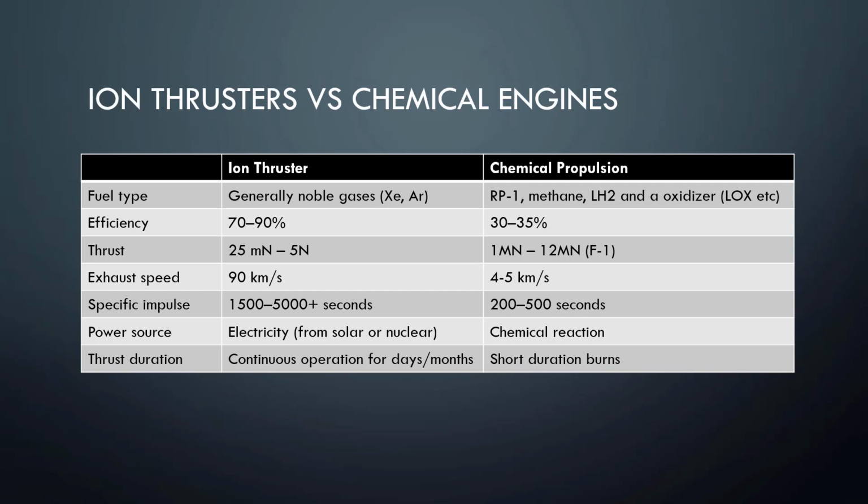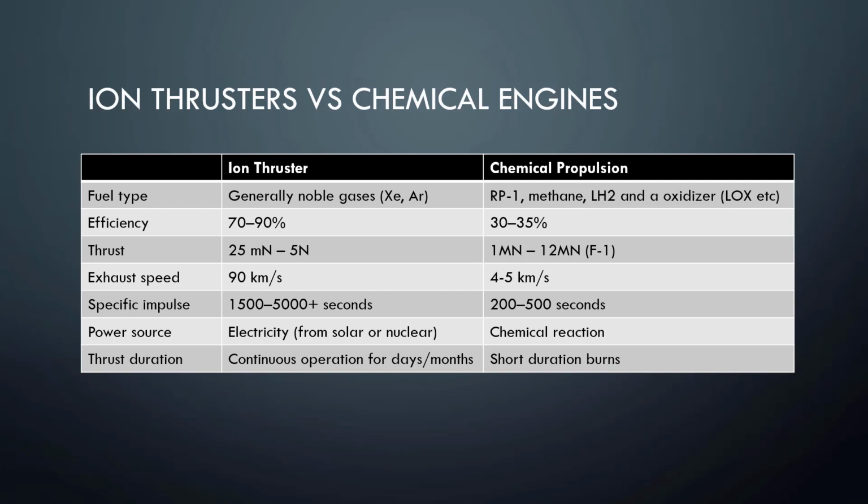As for thrust, this is where ion thrusters lack. They give a maximum of 5 newtons, but generally around 30 to 40 millinewtons. Milli is one thousandth of a newton, and chemical propulsion gives about 1 to 12 meganewtons.